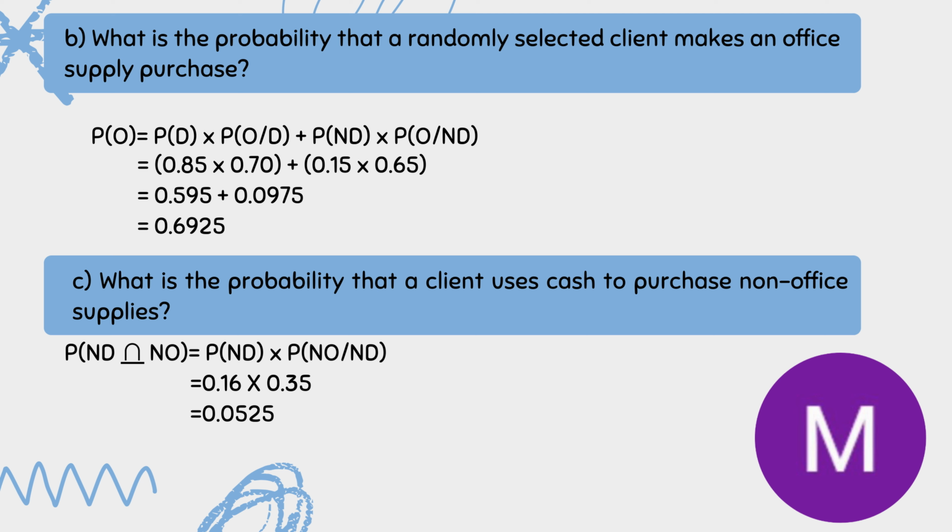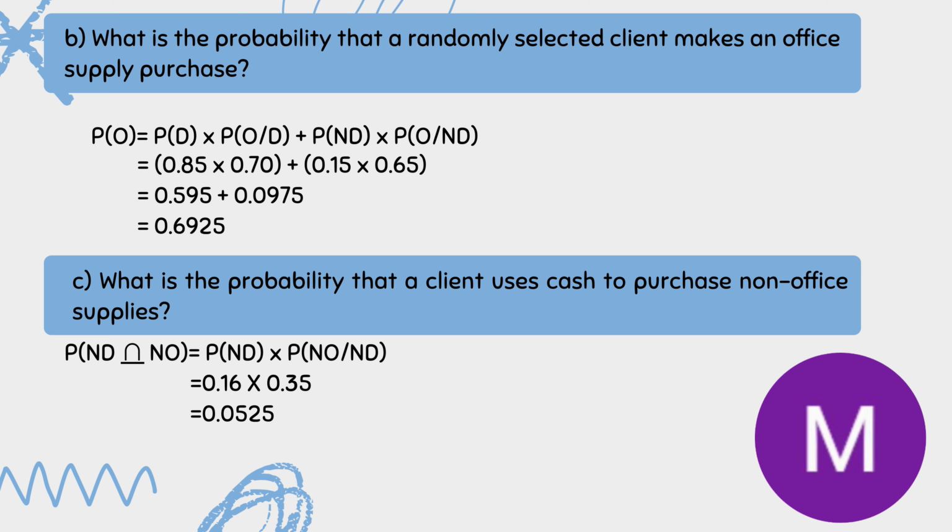Next, question C. What is the probability that a client uses cash to purchase non-office supplies? In this question, we use this formula: the probability of non-digital payment intersect non-office supplies purchase, which equals the probability of non-digital payment times the probability of non-office supplies given non-digital payment.